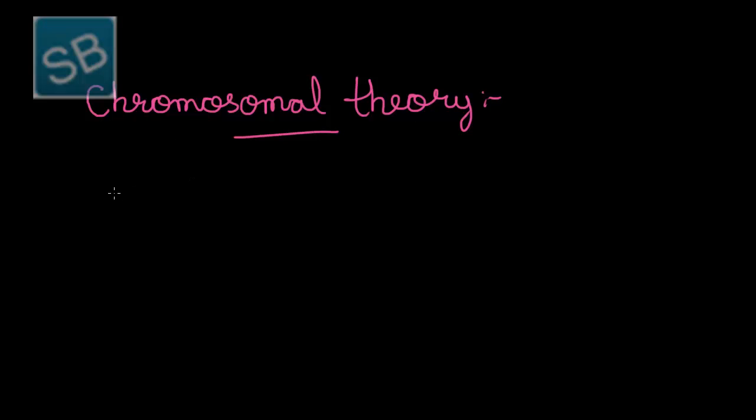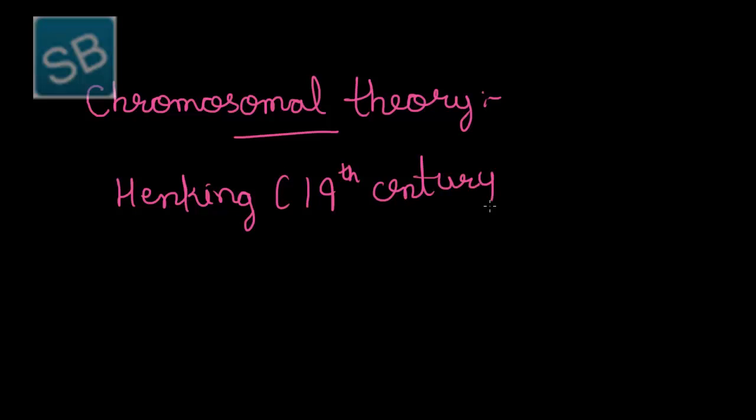According to a scientist named Henking, in the 19th century, this type of sex difference was observed in insects, where two kinds of sperms were produced.